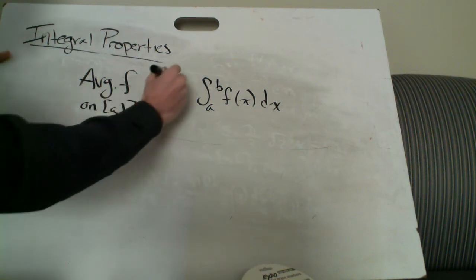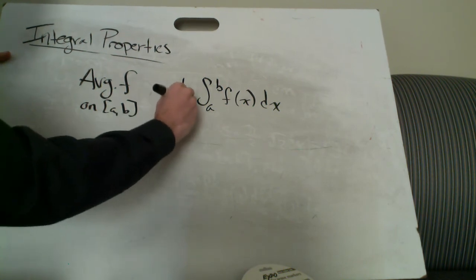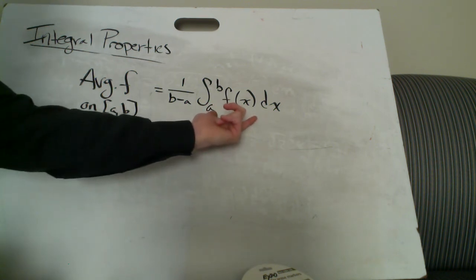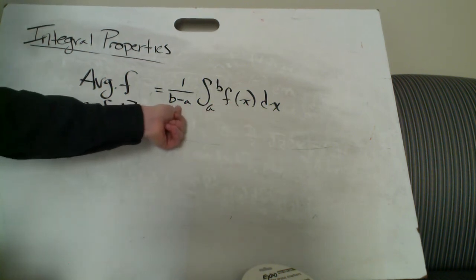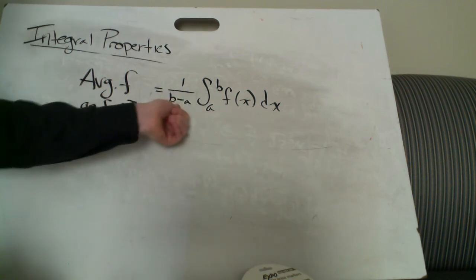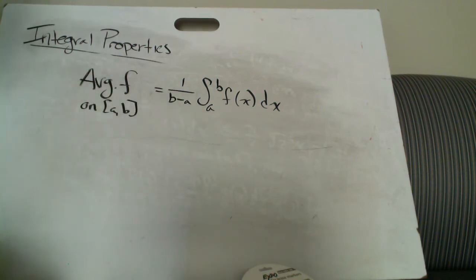So that's actually going to be 1 over b minus a. Okay. This is exactly the same average that we calculate always. We take the total, we divide by how many things we have, and we get out our average. So total area divided by length of interval should be the average value of the function.